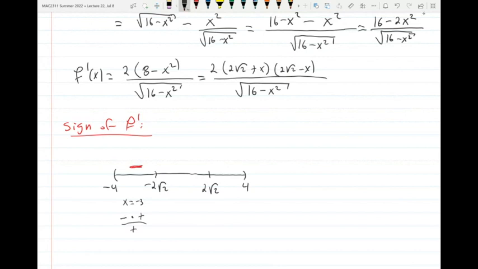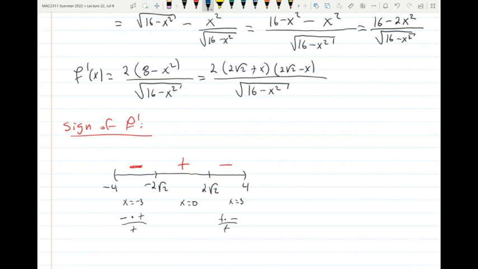Now on the other interval, the easier one to pick is 0. If we plug in 0 into the function, we're going to have positive times positive on top, so that's a positive. And then over here, let's pick x equal 3. Okay, 3 is bigger than square root of 8. And when you do that, we're going to get positive times negative over positive. So that's a negative.